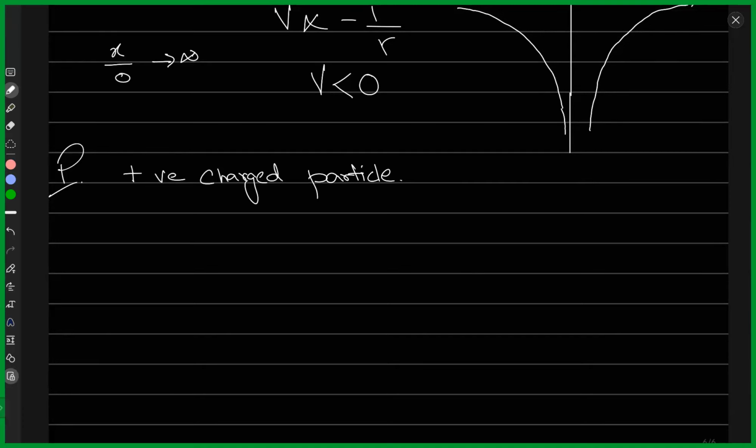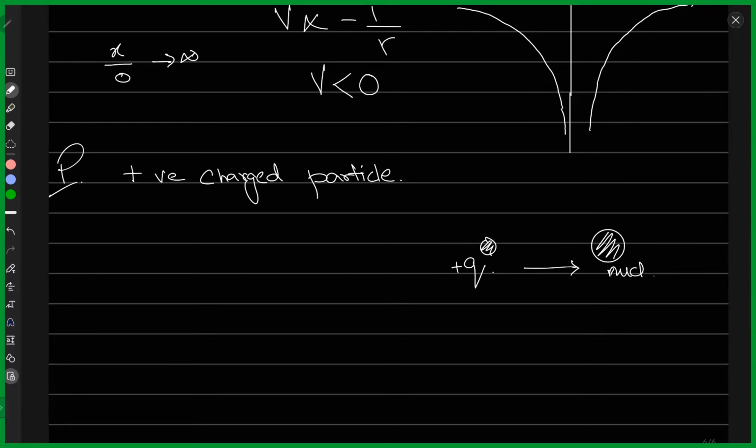So I'm going to consider an atom. Say that you have an atom over here, and this is the nucleus of that atom, right? And there is this positive charge. I'll call it positive Q. It's moving in the direction of this nucleus.